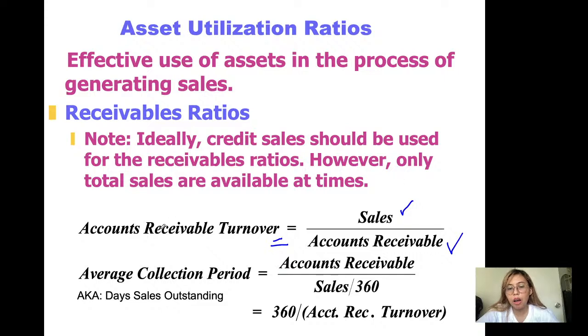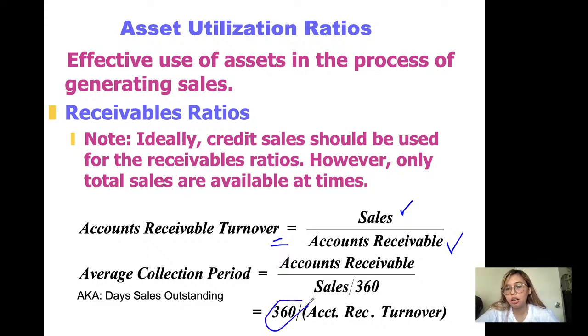Ayun ang ating accounts receivable turnover. Pero, what if you need to find the average collection period? So, accounts receivable over sales over 360. These are the days sales outstanding. Bakit 360?